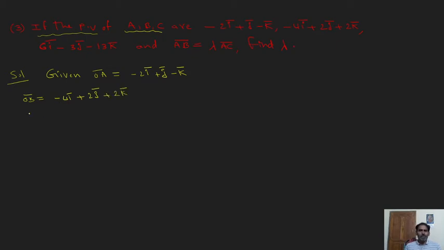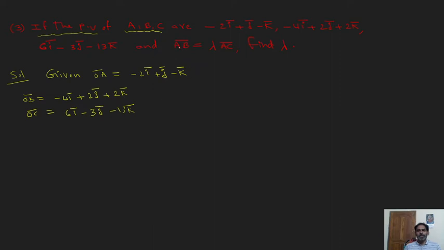Next, OC bar is also there. Position vector of C is denoted by OC bar: 6I bar minus 3J bar minus 13K bar.